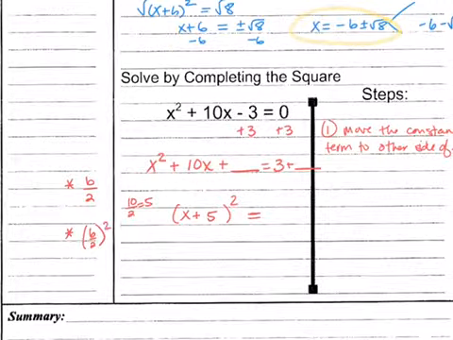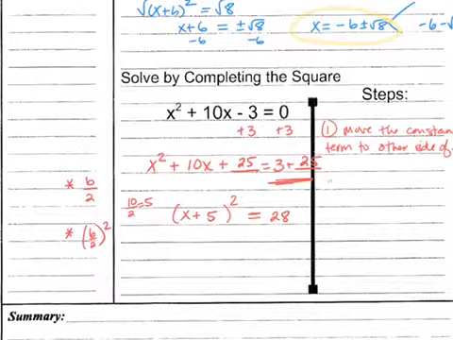Whatever we get, we're going to have to square that and fill it into those blanks. So we got 5, so 5 squared is 25. Now to get the right-hand side, I'm going to add up my 3 and plus 25. I get 28.